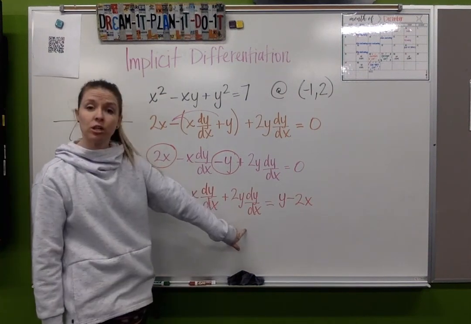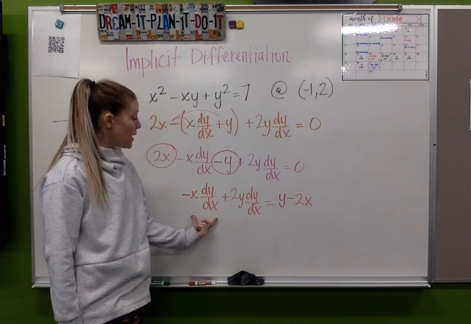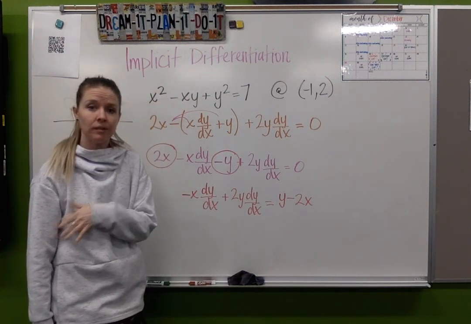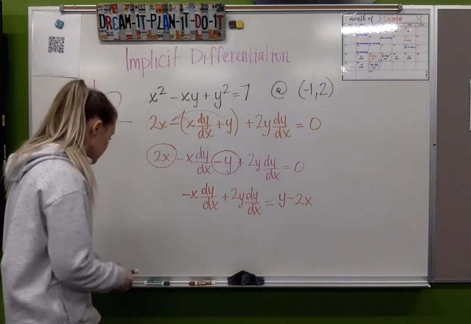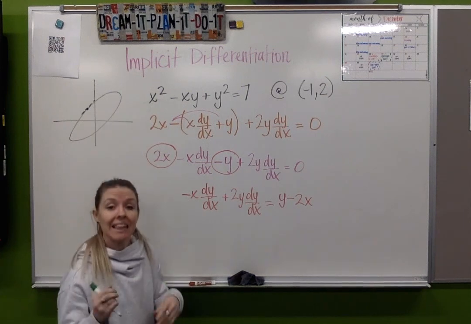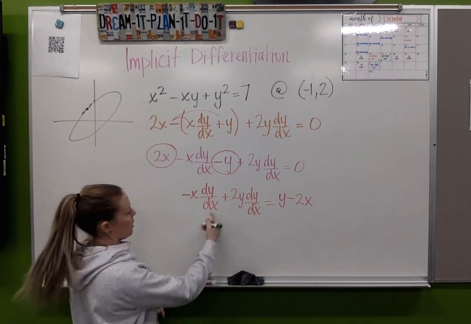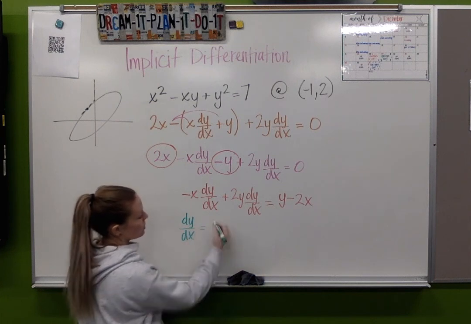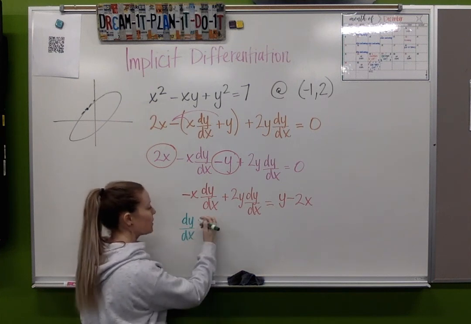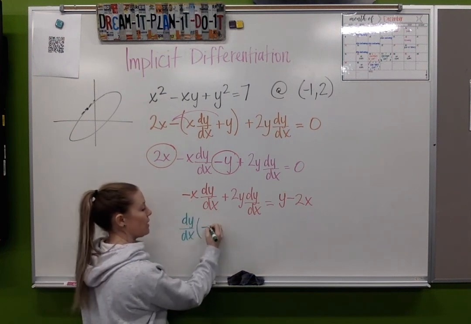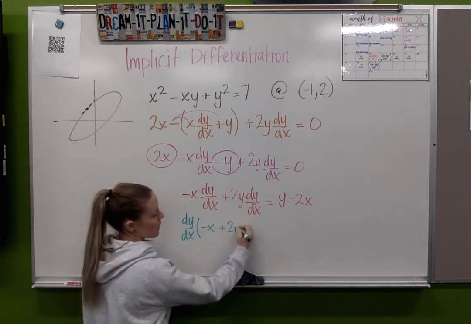Okay, these two terms, negative x dy/dx and 2y dy/dx, what do they have in common? They both have the dy/dx, so what I'm going to do is factor out that dy/dx. So dy/dx, not equals, I'm factoring it out, so dy/dx times negative x plus 2y.